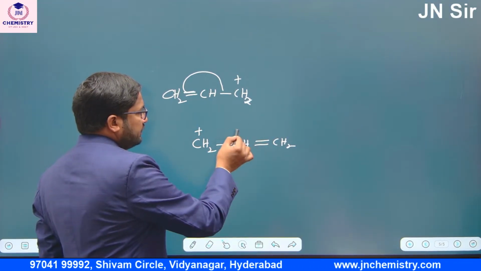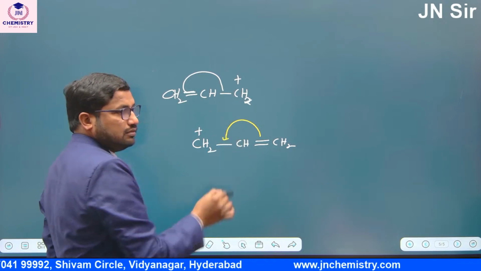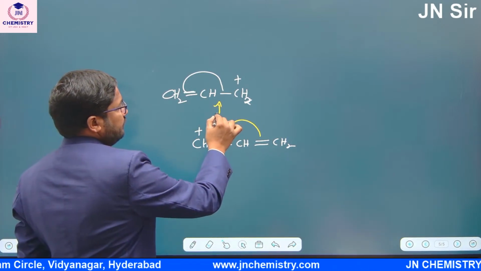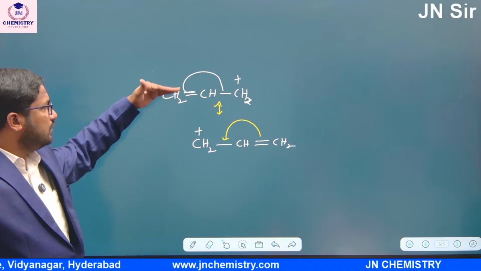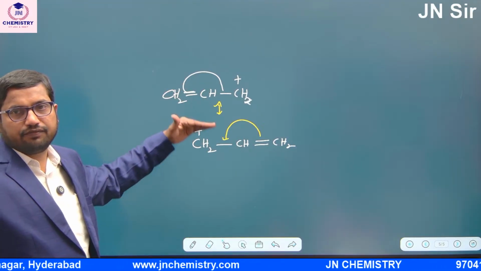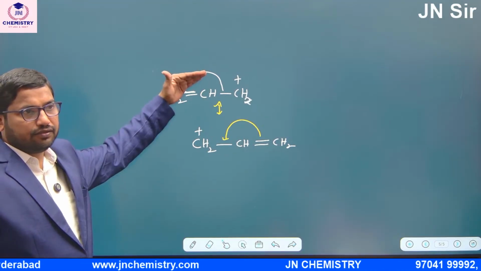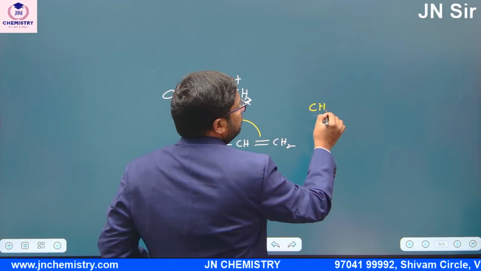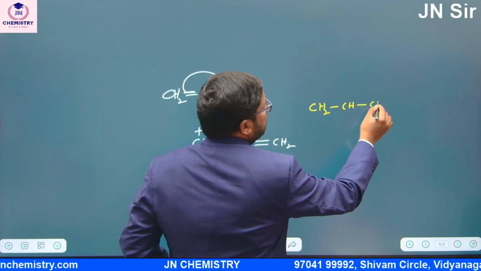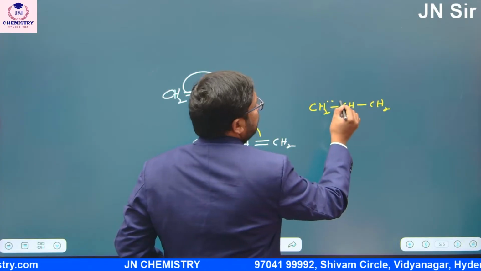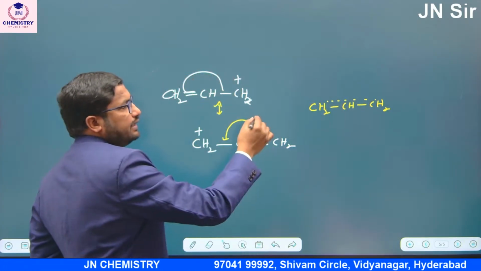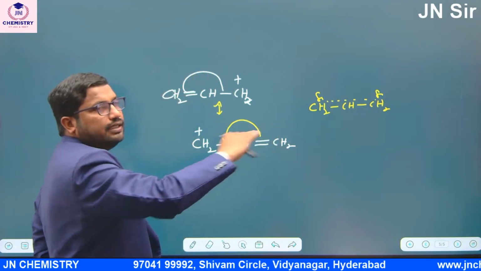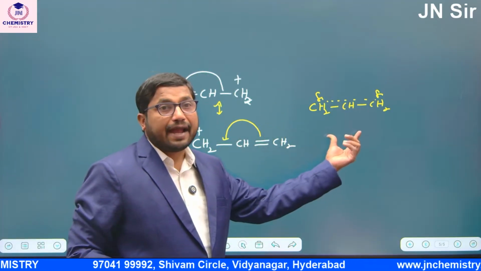This pi bond once again heterolytically, we will get the original structure. So the first one is forming the second one, and the second is forming the first. So particularly we can write like this: CH2 CH2, the electrons are moving here and there, partial positive here, and that is called the resonance hybrid.